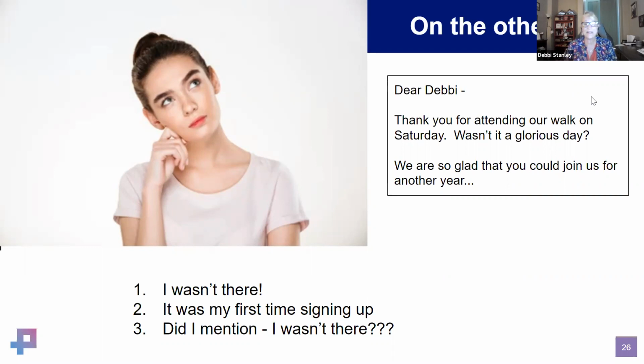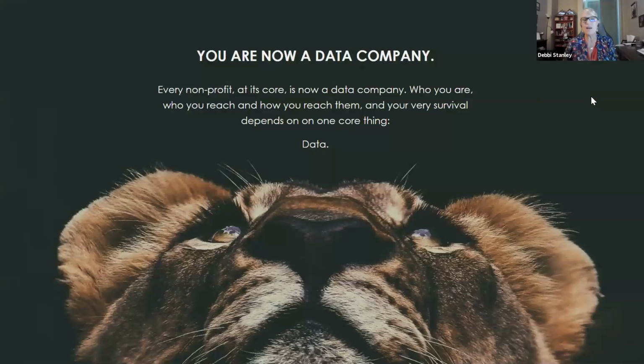I've shared this example multiple times of they've created a donor journey for me where I felt certainly marginalized, invalidated. I just didn't feel like they deserved me. You know, every nonprofit, every company, we talked earlier about the giants.